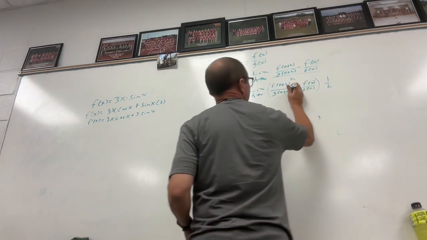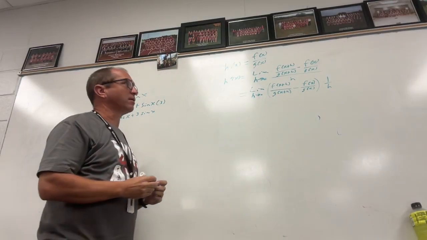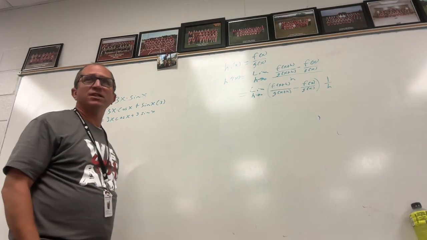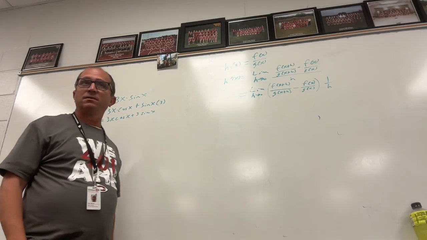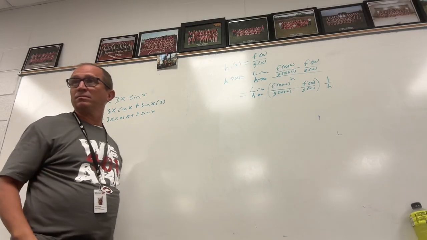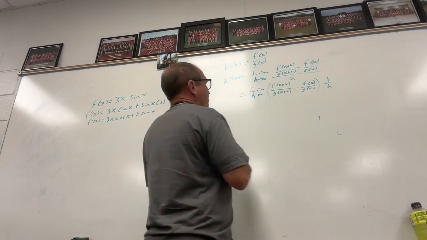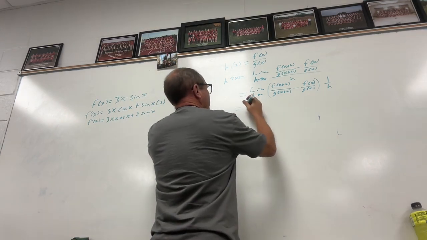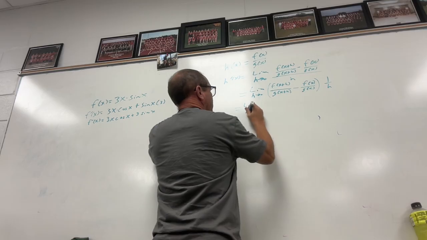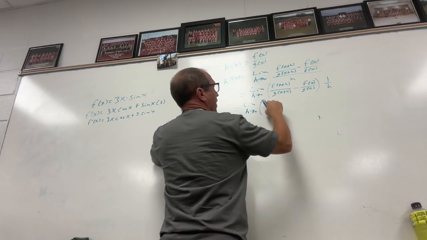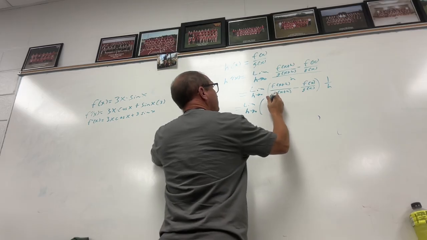And what would be that least common denominator with g of x plus h and g of x? Yeah, g of x times g of x plus h. So I'm going to take this first fraction here, and multiply it by g of x over g of x.